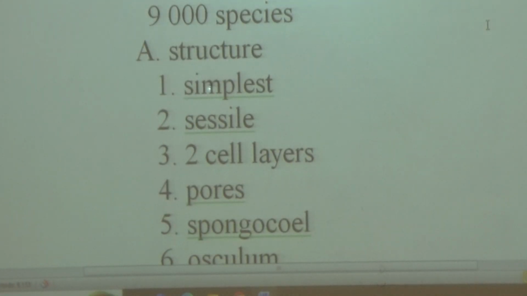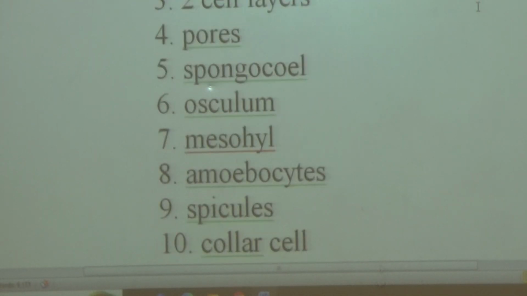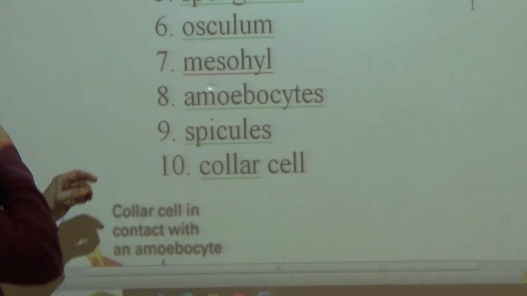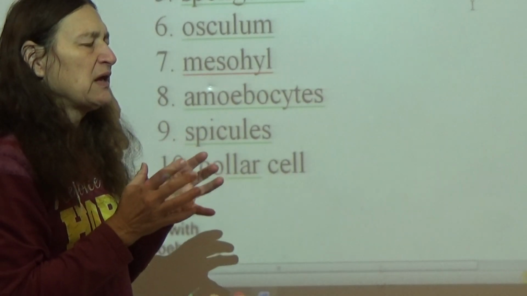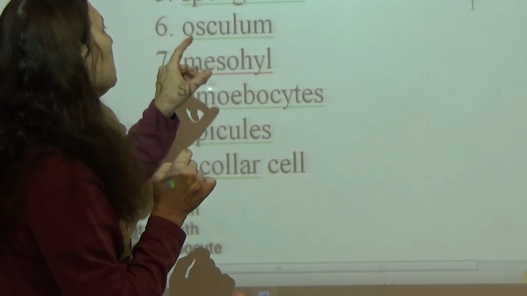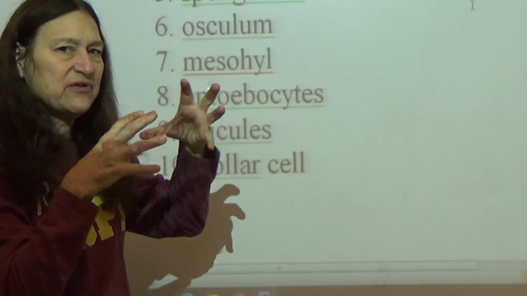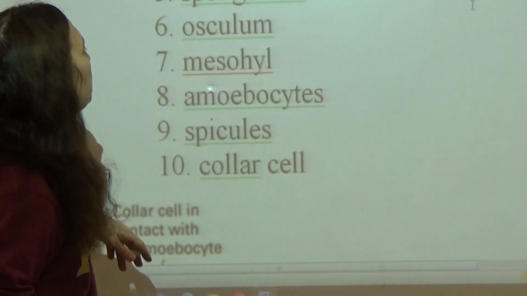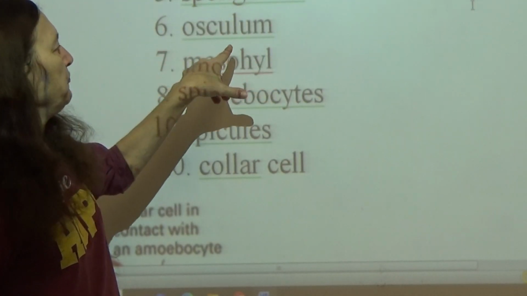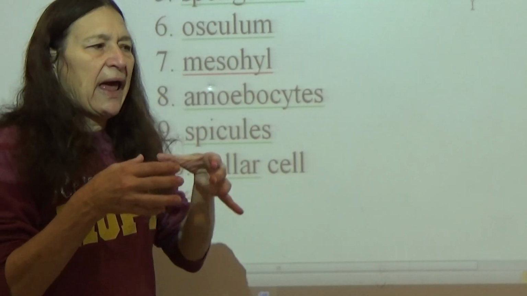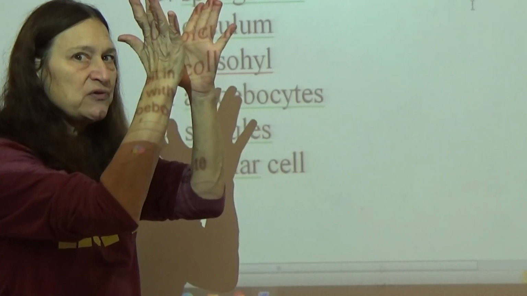They have something called a spongocoel, which would be kind of like an inside cavity. Because coelom, cavity. We'll be seeing that a little bit later on in a couple of the other phyla too. That's going to come up. An osculum, which is a larger opening, larger than the pores, and water flows out the osculum.